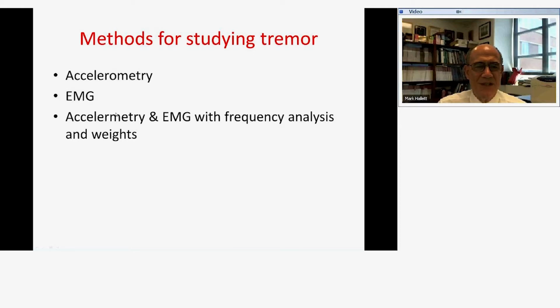We look at these together, and we look at weighting of the limb, and the logic of weighting is what I mentioned before: if you weight a body part and it is a purely mechanical situation, the frequency will change and become lower. And this is the logic of what we'll be doing.